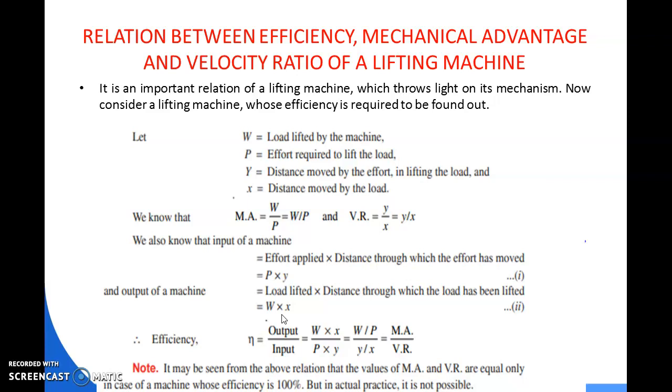By the definition of efficiency, we know that efficiency, that is mu, is equal to the ratio between output to input.